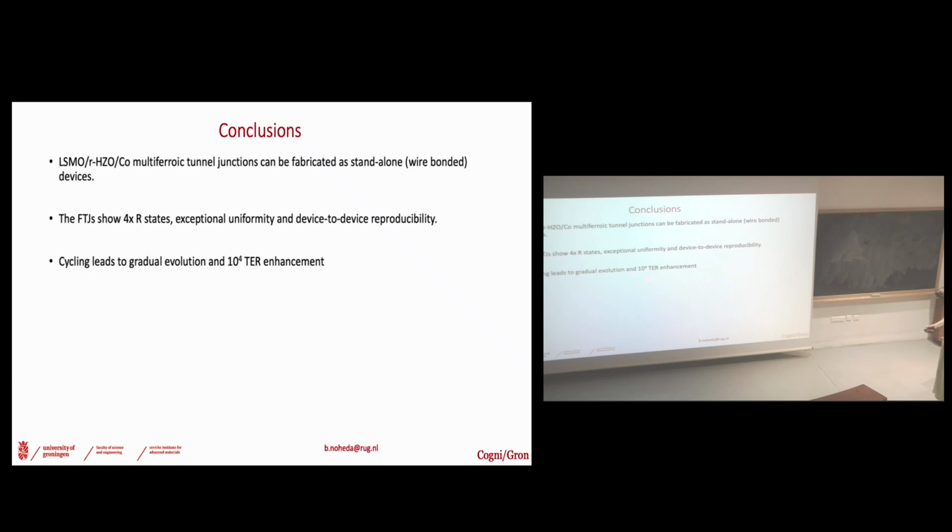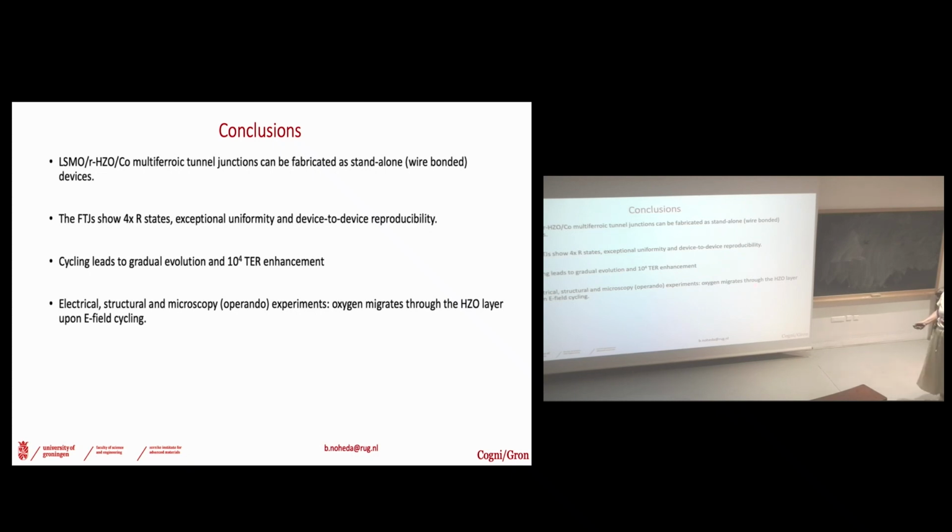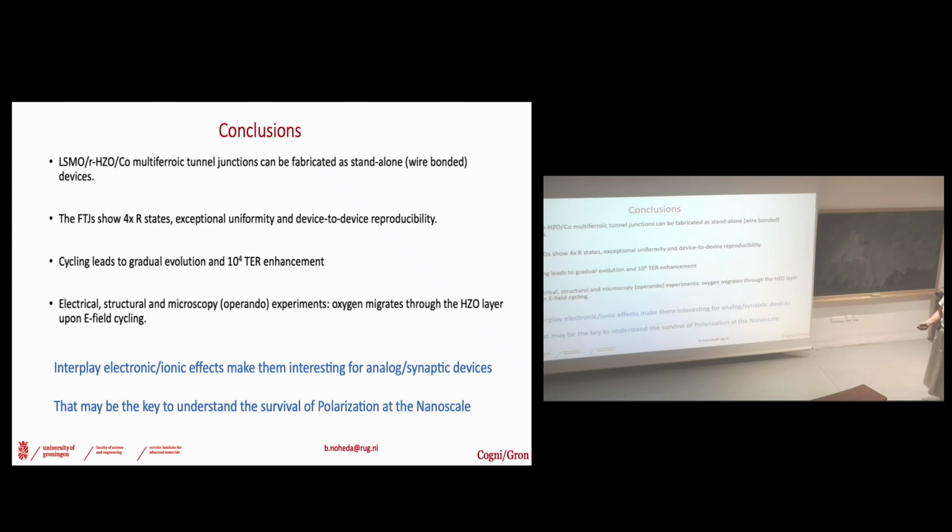You can get 4 orders of magnitude enhancement of the tunnel electroresistance in these materials, and operando measurements in the TEM and also resistance measurements show that there is oxygen migrating through the layers. And this interplay between electronic and ionic effects makes them very interesting for synaptic or neuromorphic devices.